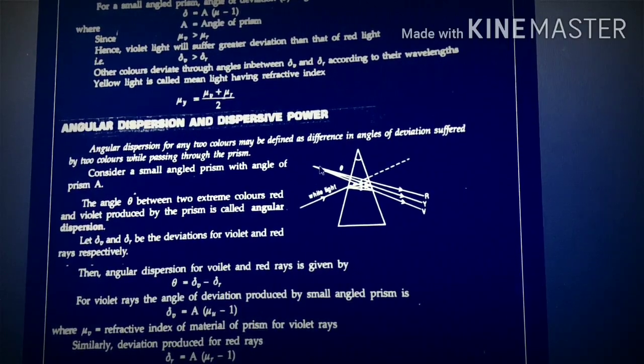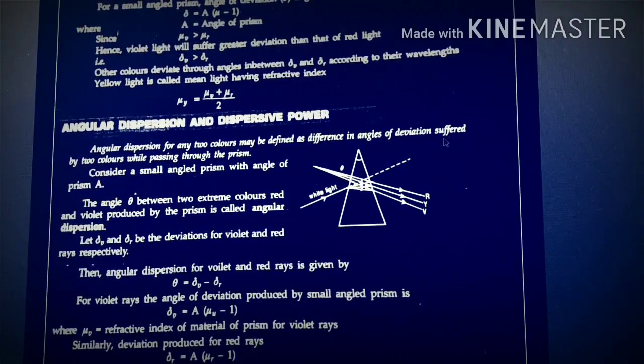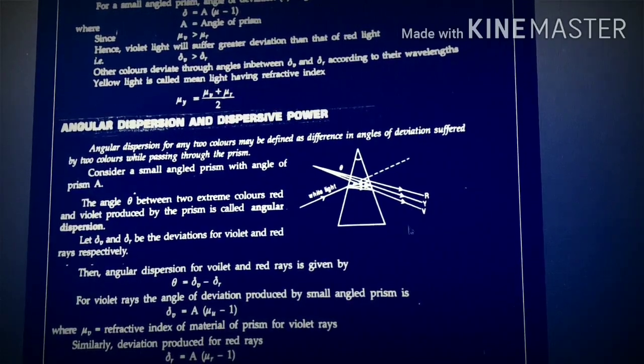What is angular dispersion? Angular dispersion for any two colors is defined as the difference between the angle of deviation suffered by the two colors while passing through the prism. If white light passes through the prism, it is converted into 7 constituent colors.